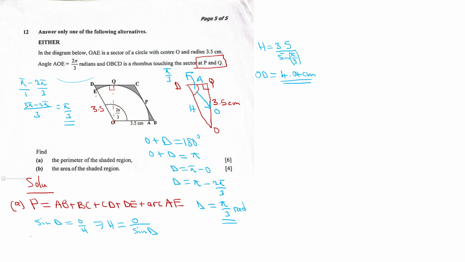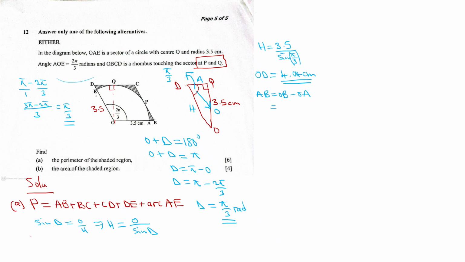So we have just calculated one of the sides of the rhombus, which means we have done much of the work in this question, because we can now calculate AB. AB will be equal to OB minus OA, or DE is the same as OD minus OE. But let's go with AE because these are equal.